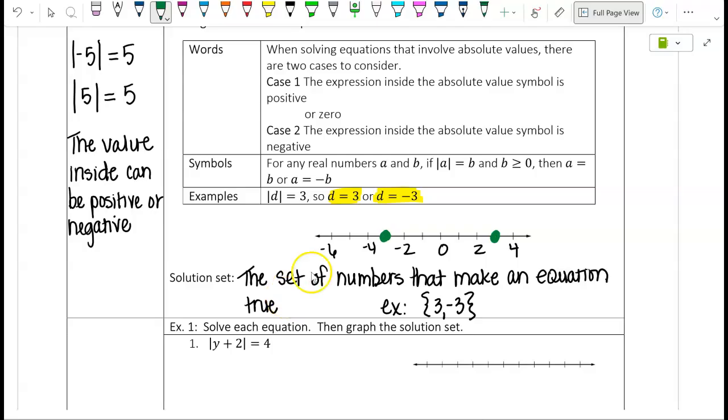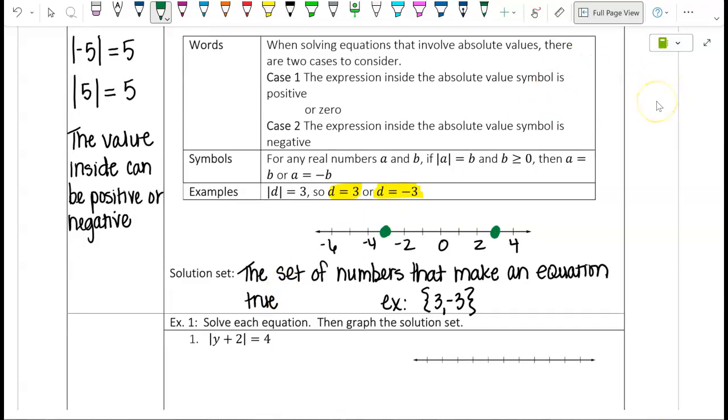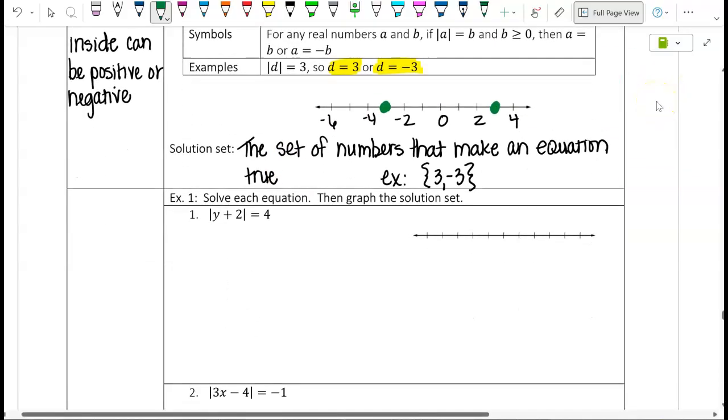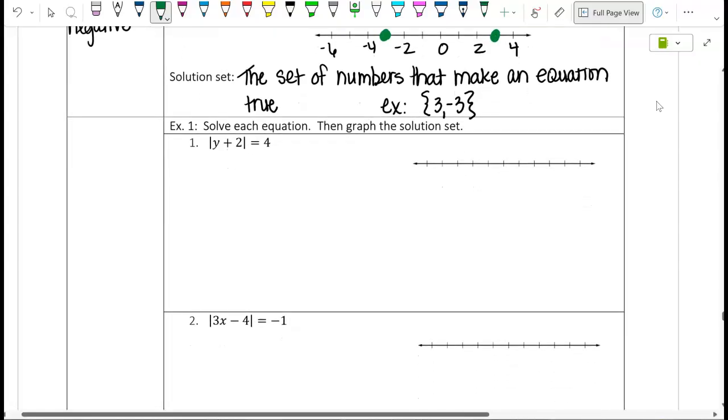So now let's take this to an example here and see, what does this all mean? So the first one, they're giving us the absolute value of y plus 2 equals 4, which means that y plus 2 could either be a positive 4 or a negative 4 to give us that positive 4 answer. So we're going to set up 2 equations.